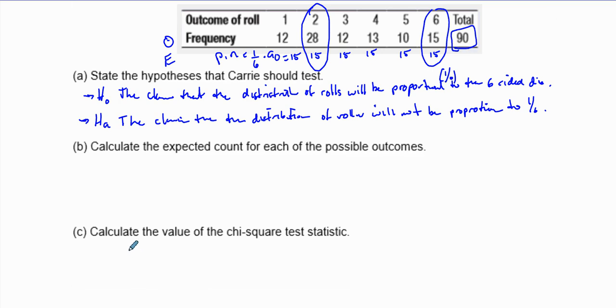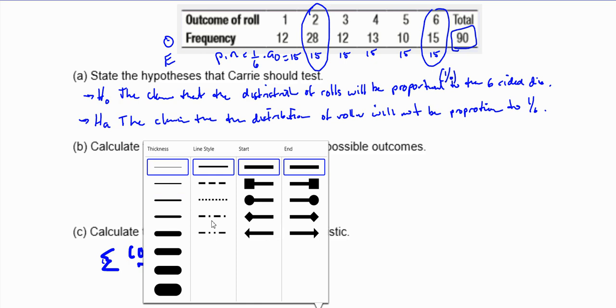Essentially, if you recall, we're going to take the sum of our observed minus our expected, squared, divided by our expected values. So we're going to take our first one, and I'm going to change this so you can see a little bit better.